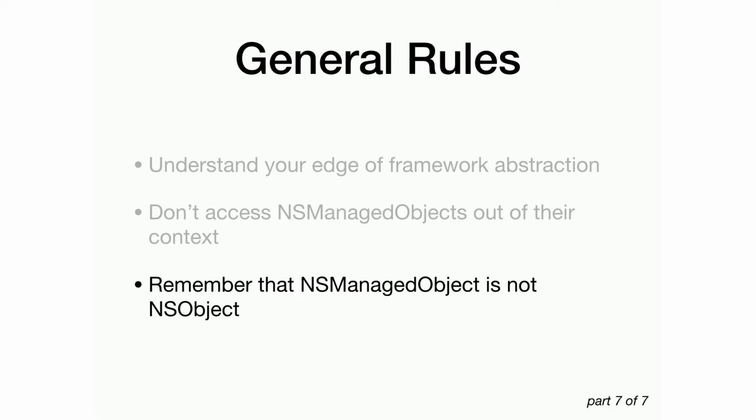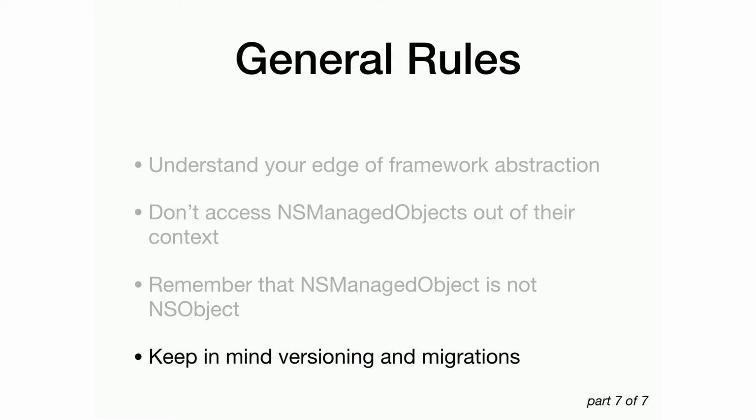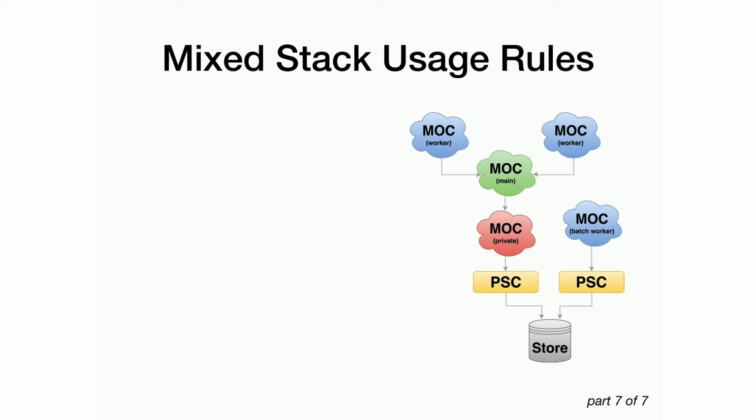And so you have to choose whether you map Core Data models into plain objects and forget about all these complications, or you use managed objects as they are and keep in mind all these restrictions. Remember about versioning and migration, especially when you do releases to production. Some stack-related rules, easy ones. First of all, use the main context only for UI-related operations, because you have to keep it as clean as possible.